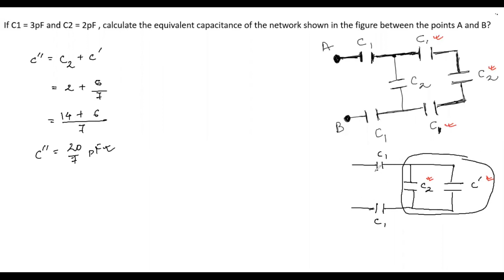Now we can again redraw this arrangement, in such a way that this is point A, this is point B. Now we have a C1, and here we have C1. Instead of drawing this arrangement, we will draw the effective capacitance.